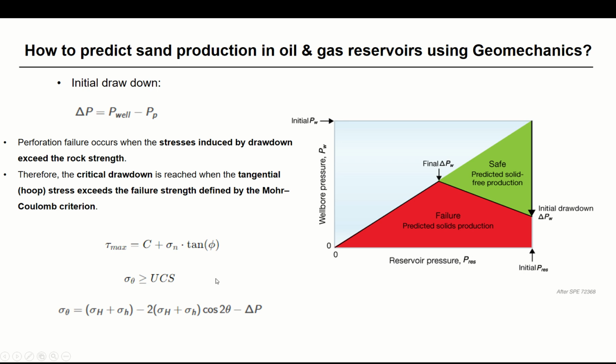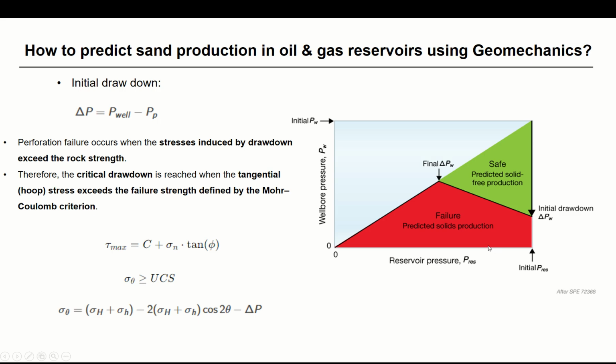Okay, if we understand this, you can now ask how we can move forward and build our simulation. Initially, we have a drawdown, but after that production continues to flow after depletion. Logically, the reservoir pressure will decrease.